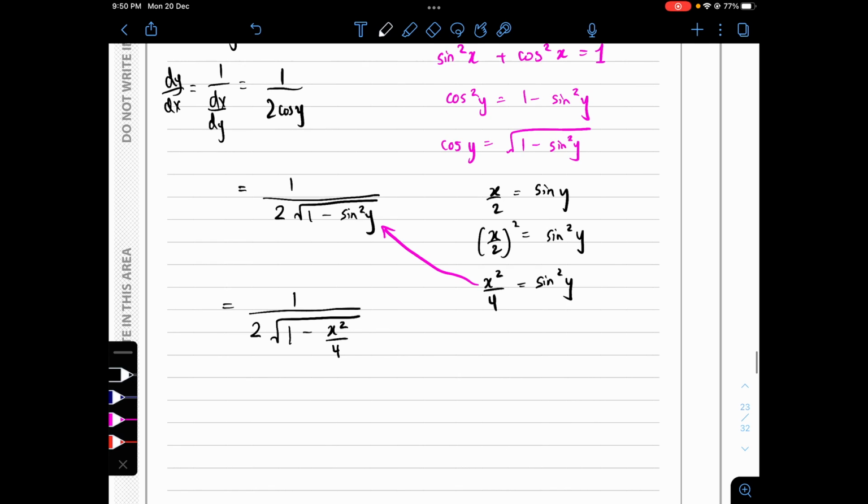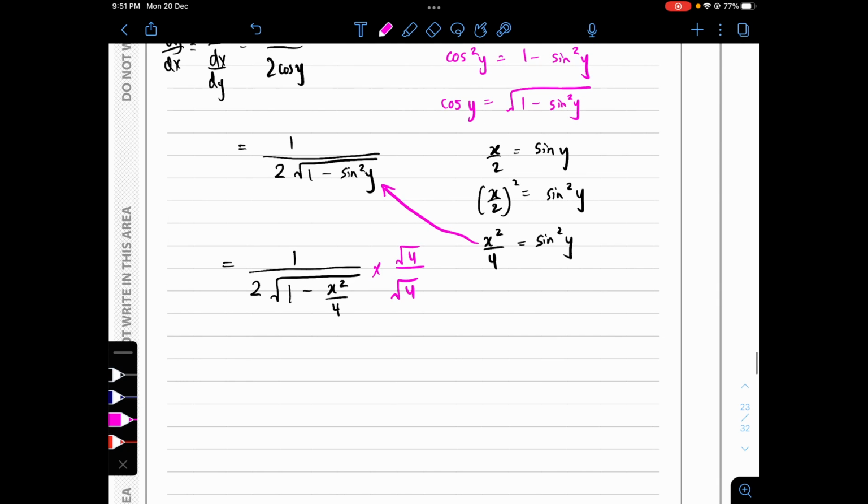Now we need to multiply inside this square root everything by 4. So we have to do the same thing above: we times by root 4 here, and we're timesing by root 4 here, because it's inside the root. Root 4 is just 2, so 2 all over 2 square root of, when you multiply by 4, 4 minus x squared.